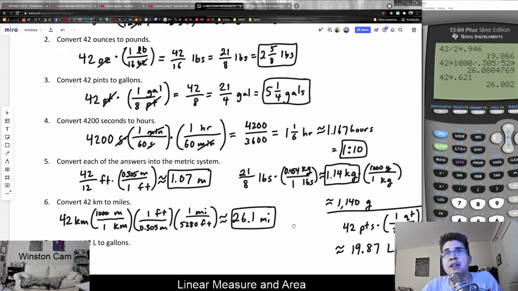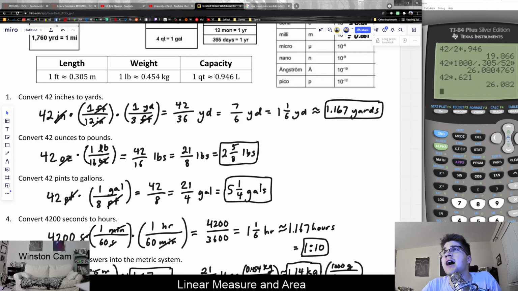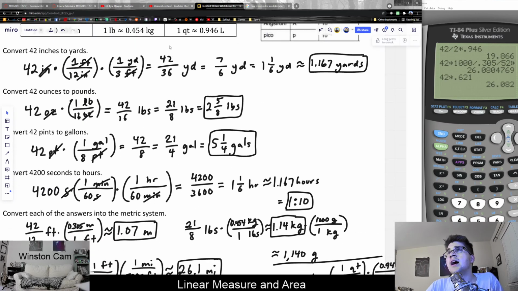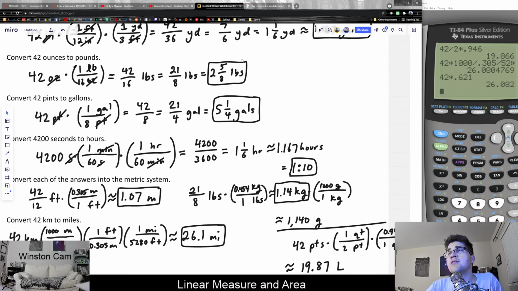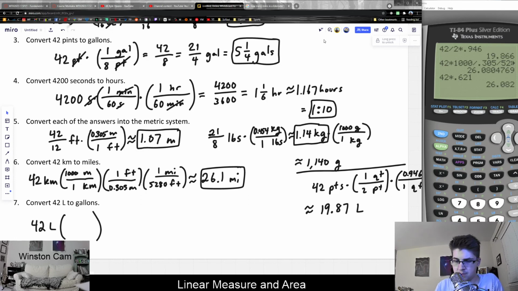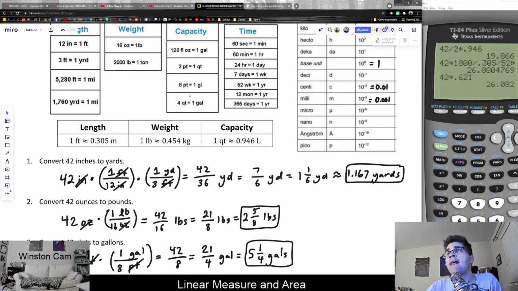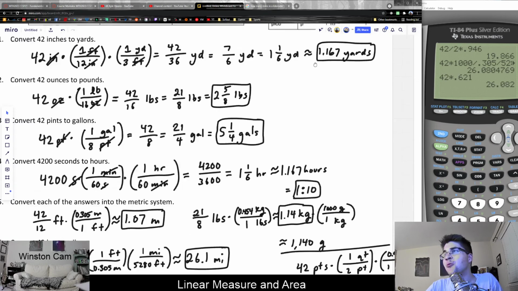And very similarly, if I wanted to convert liters into gallons, I could start by going into quarts because that's the relationship that I've been provided with. So if I have 42 liters, I could first convert it to quarts because 0.946 liters is equal to 1 quart. And then now that it's in quarts, I could go to gallons using this one. So 4 quarts is equal to 1 gallon.